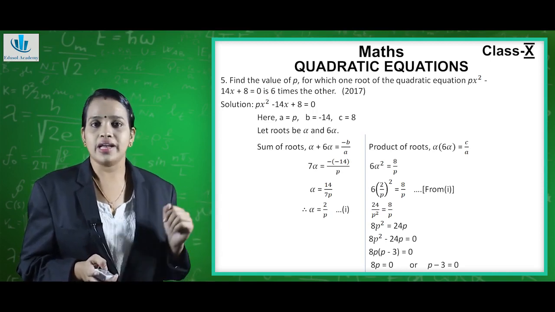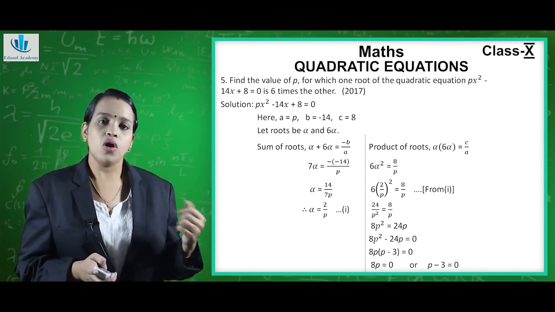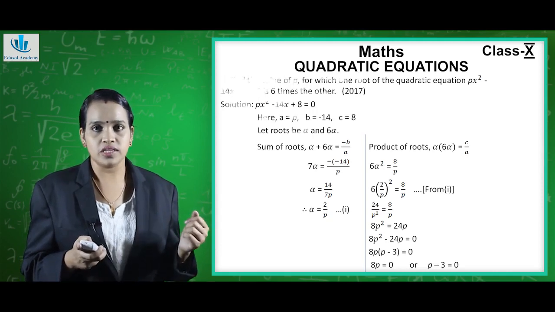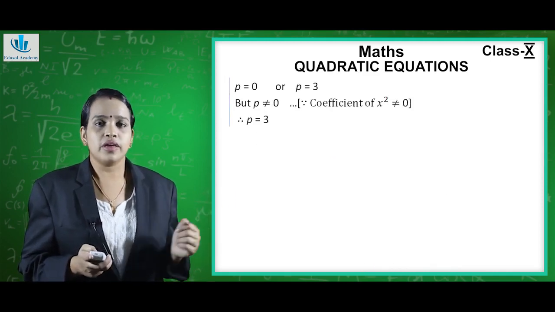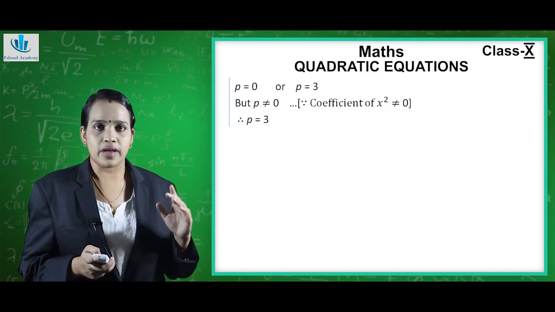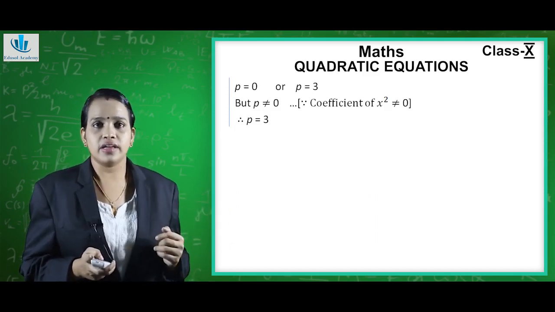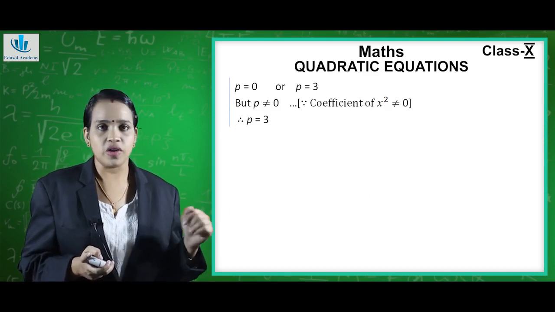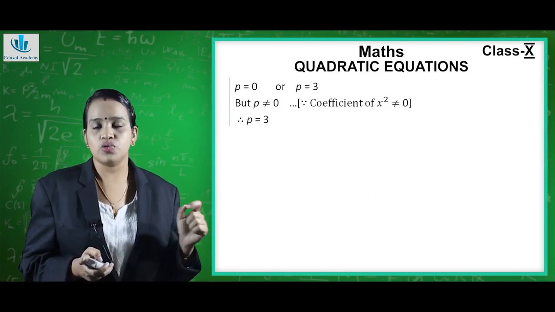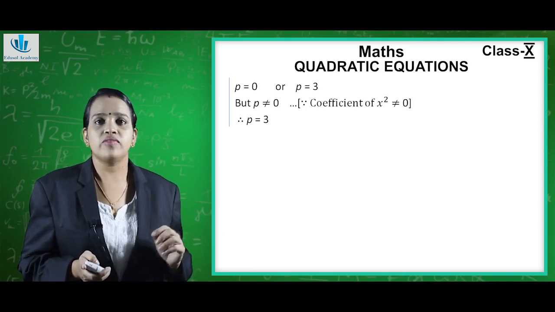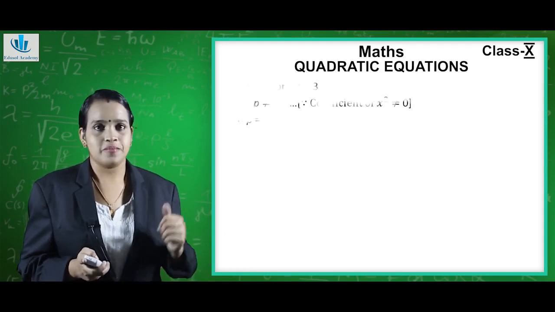So we can say that 8p is equal to 0 or p minus 3 is equal to 0. So p becomes 0. Here minus 3 becomes plus 3. So p is equal to 3. And p cannot be equal to 0 because the coefficient of x raised to 2 cannot be equal to 0. So we will take the value of p as 3.